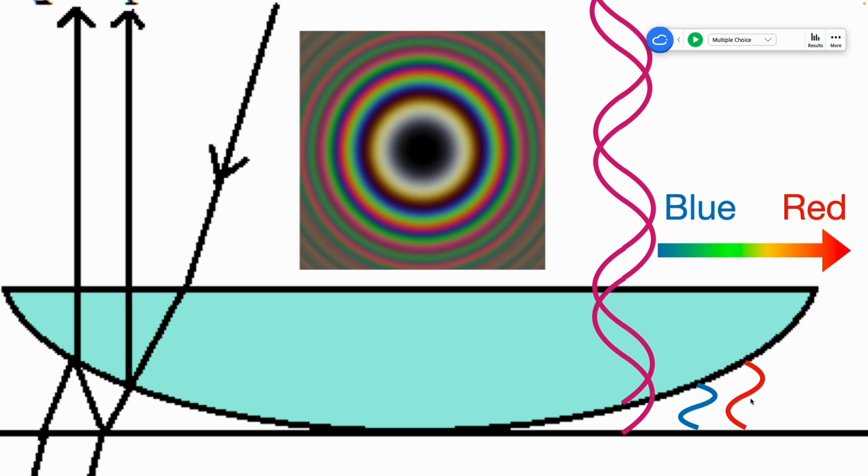Let's say you want to look for constructive interference, which makes the color most apparent. Then the first one that matches will be the blue one, because it has a shorter wavelength. And then as you go out, colors with longer wavelengths will match the condition.